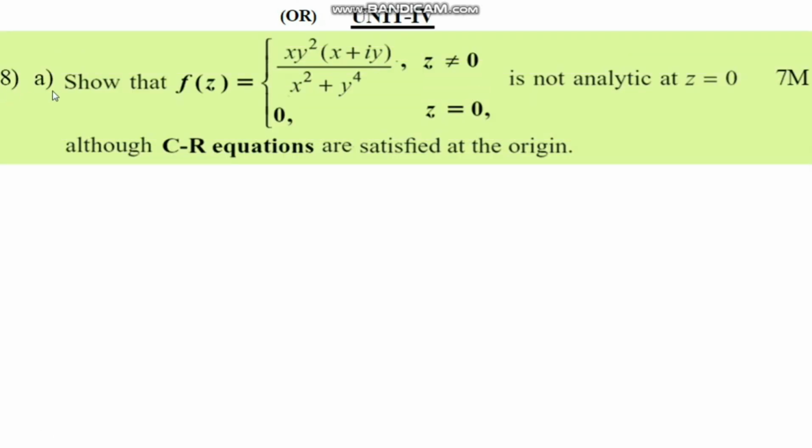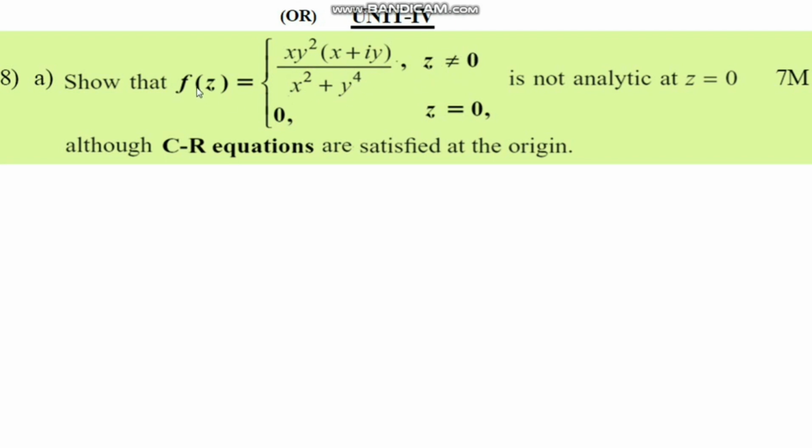We can treat this as either the 7th or 8th question from unit number 4. 8th question: Show that the complex function f of z is not analytic at the point z equal to 0, but the CR equations are satisfied at the origin, where f of z equals xy square times (x plus iy) by (x square plus y power 4) if z is not equal to 0.